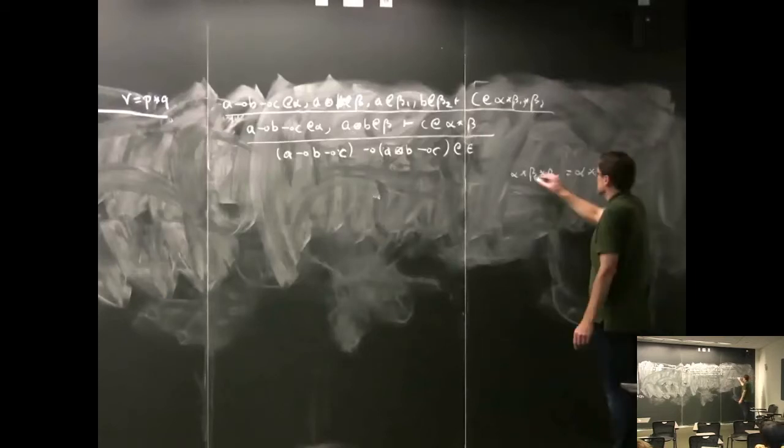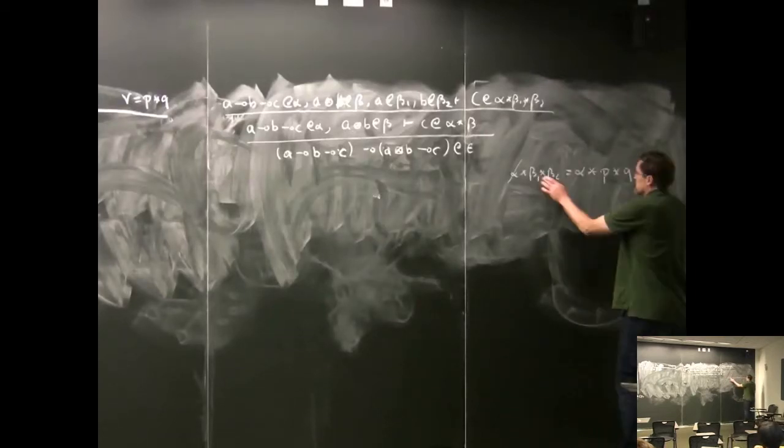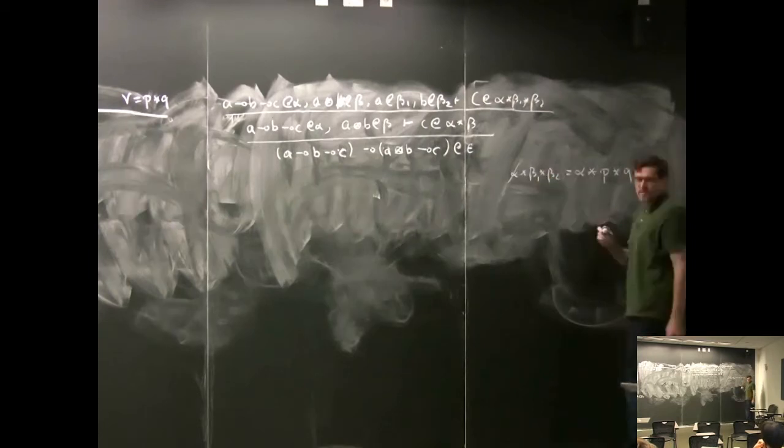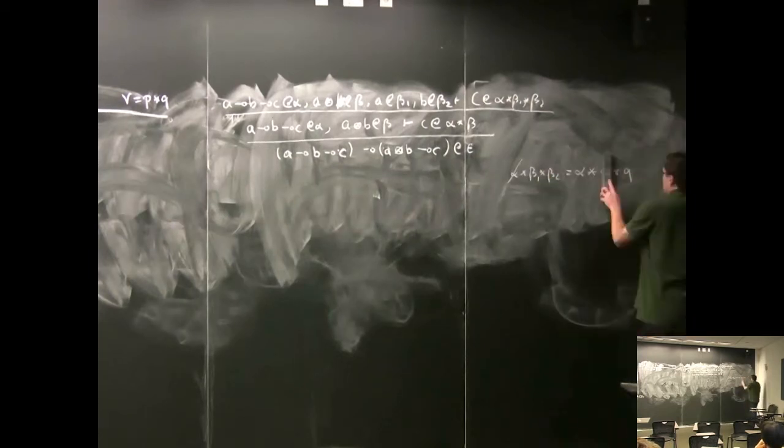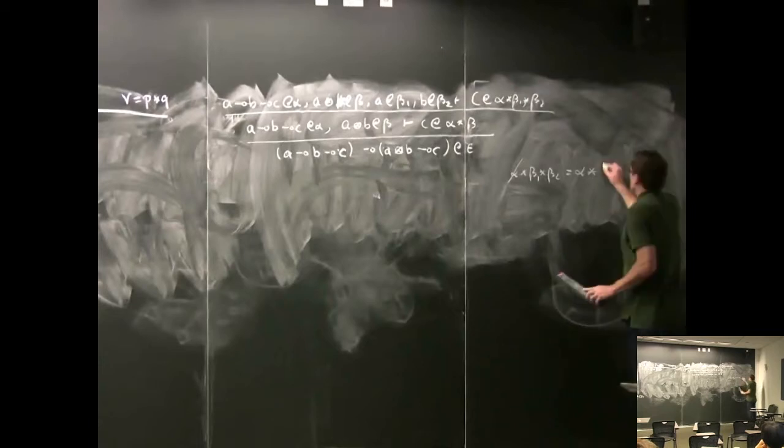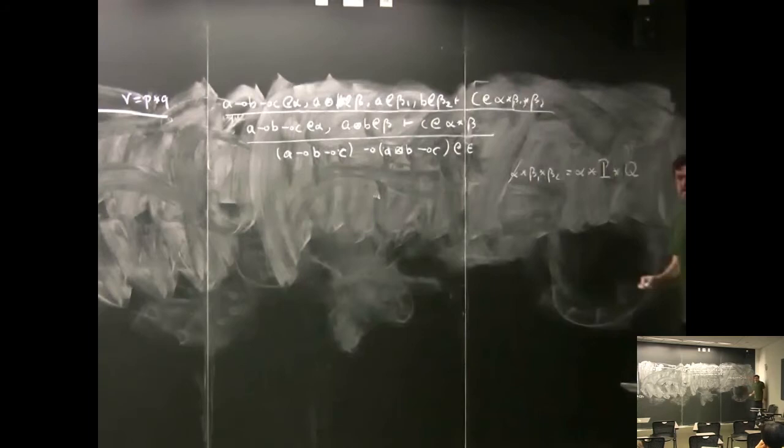So we can cancel these. And now we know beta 1 times beta 2 equals p times q. And these are new variables. So maybe I just capitalize them. Okay, so we don't know what they are. We know that their product equals beta 1 times beta 2.